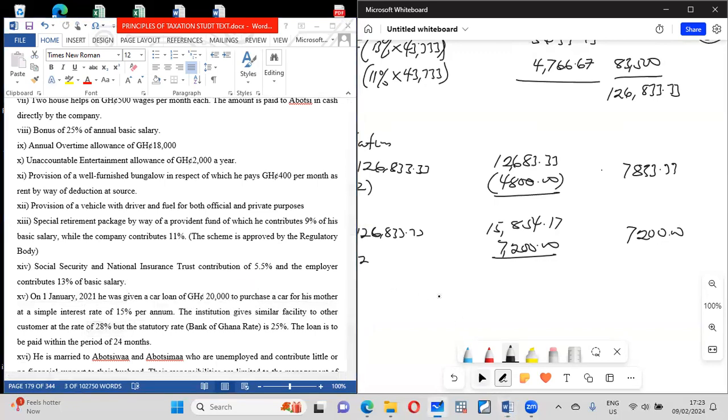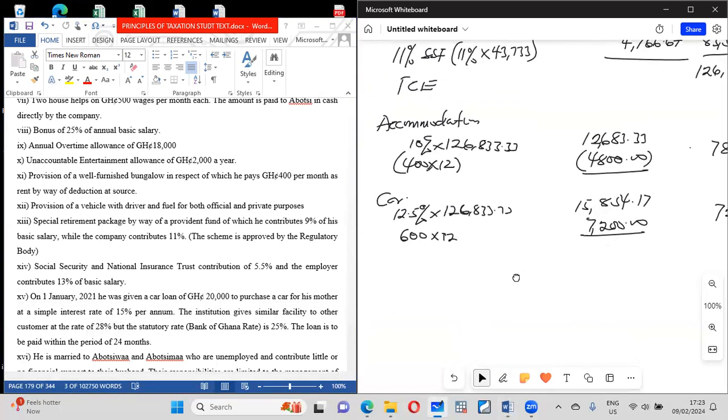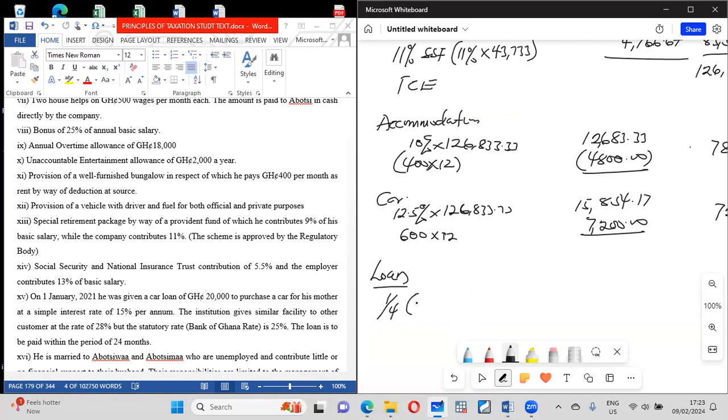So we need to quantify how many months they are giving him the loan for. So 24 months, which means we need to quantify the loan interest. Do you remember how we do the loan quantification? So we do 25% minus what they are giving, which is 15%, right?